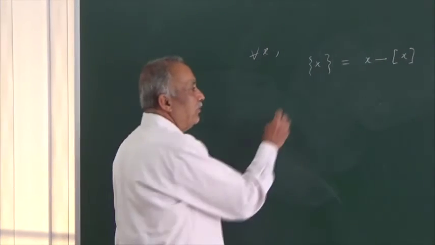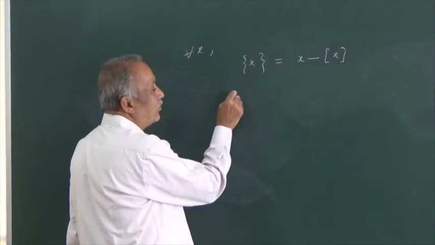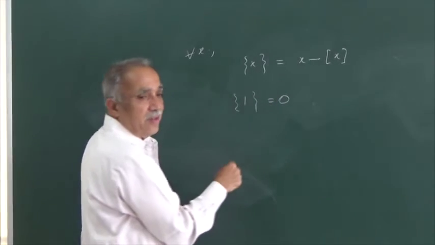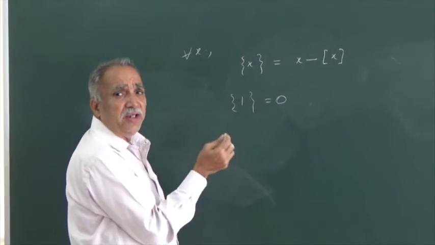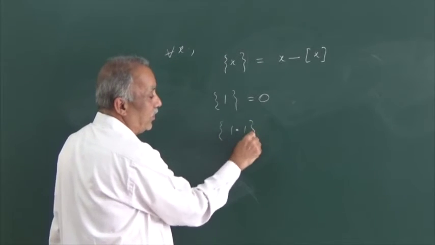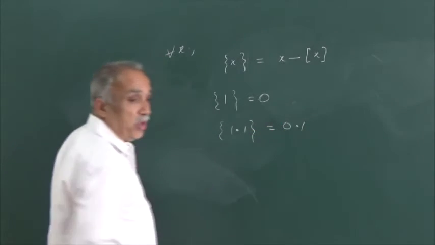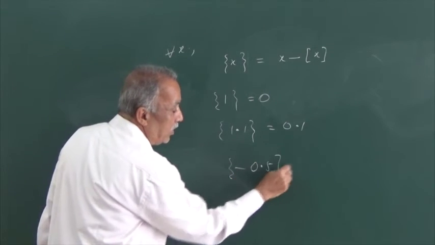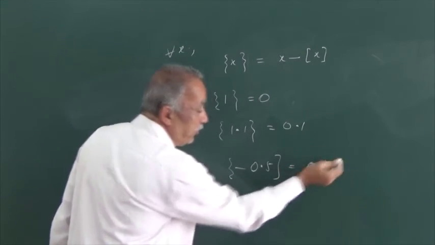For example, not only for 1, for any integer, the fractional part is 0. Fractional part is 0.1. Fractional part is 0.5.